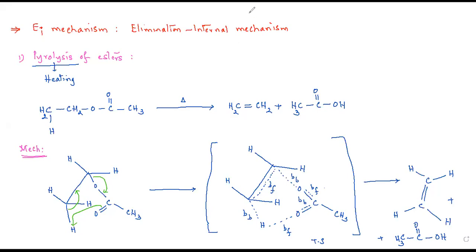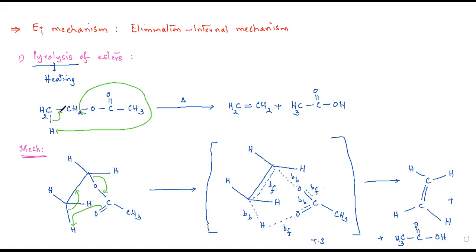Okay. So we can actually show it this way also. This O minus goes along with this hydrogen, and this bond goes here. I'm sorry. Let me show you this right from the oxygen. From here I have to show. Yes. This, then this comes here. So that is how you get ethylene.